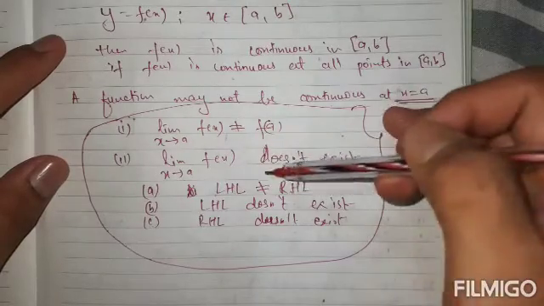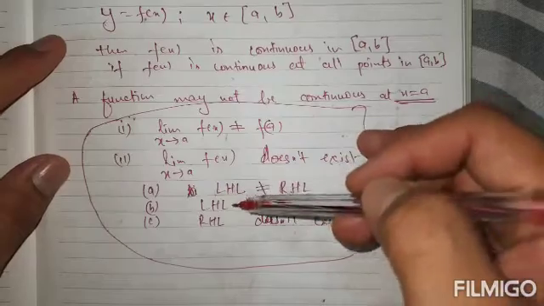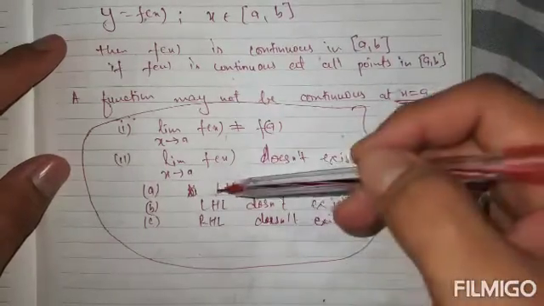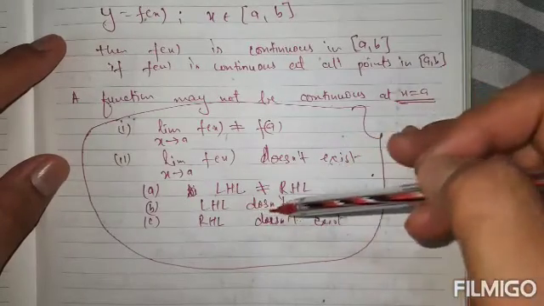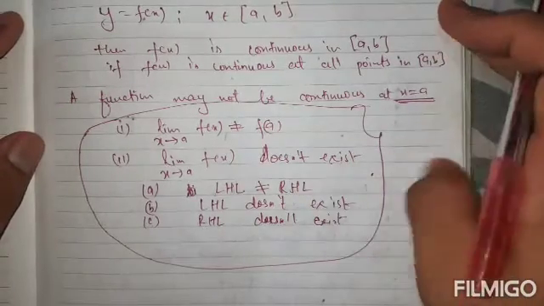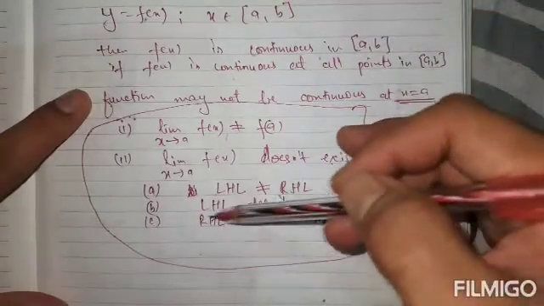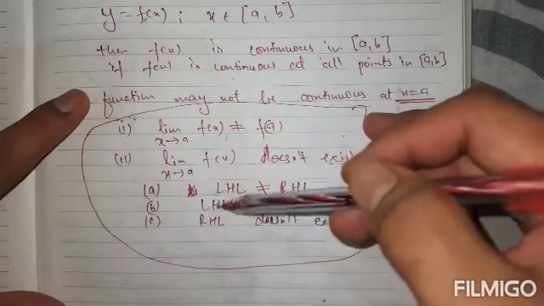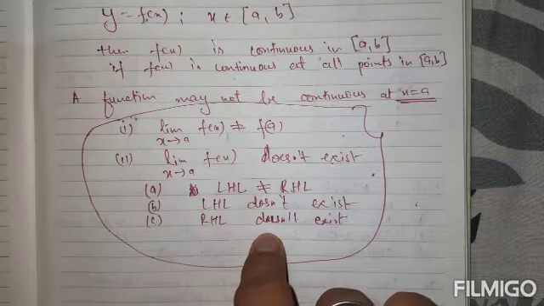And now let us check when the limit does not exist. The first case is when the left hand limit and right hand limit both exist but are not equal; then we say that the limit does not exist. Second, when only one of them does not exist. If the RHL, the right hand limit, exists but the left hand limit does not exist, then also the function is not continuous. Similarly, if the RHL does not exist but the LHL exists, then also the function is not continuous, because if the RHL does not exist, then we can't say that the limit exists.